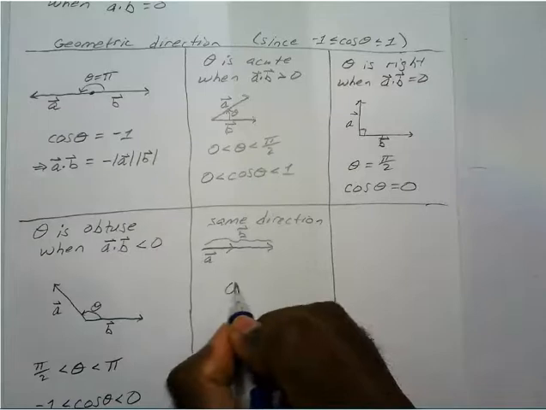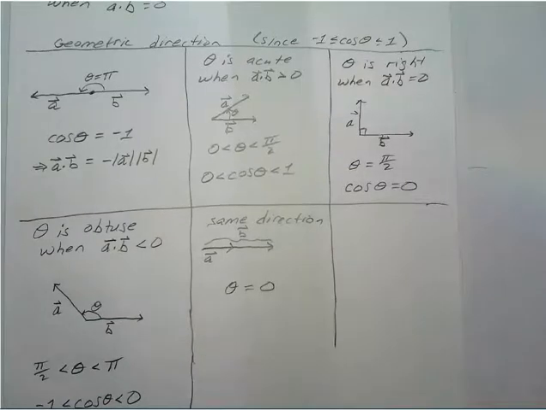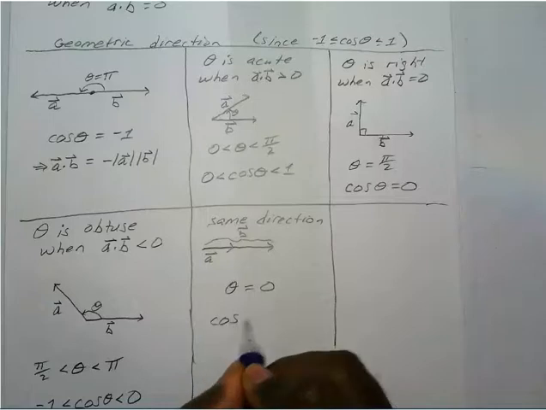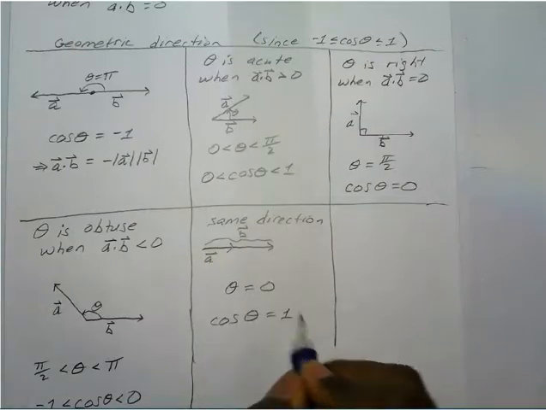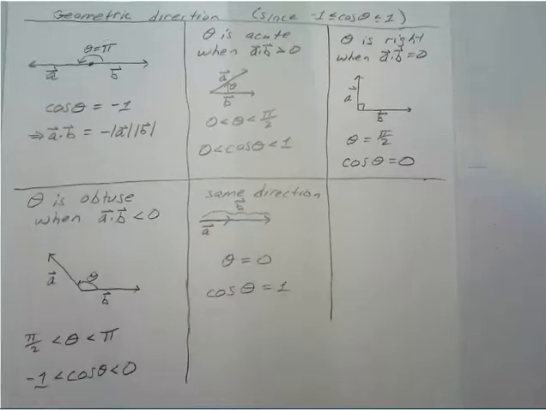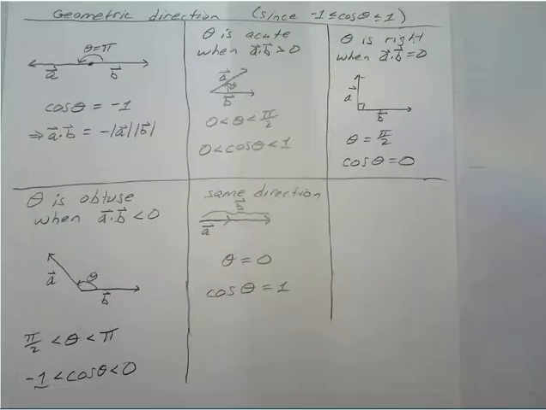That means that theta is equal to 0. Or in other words, cosine of theta is equal to 1.